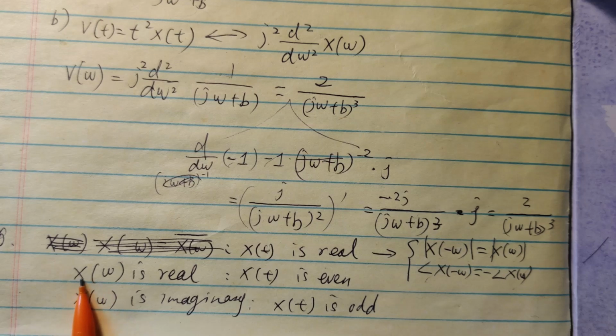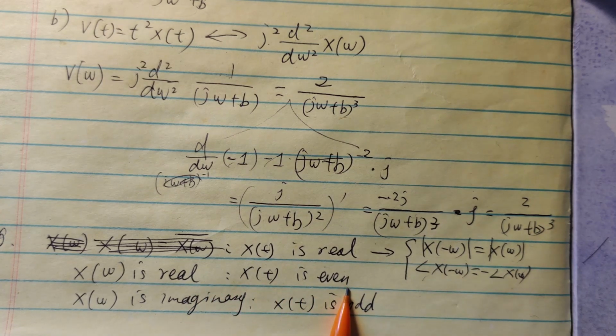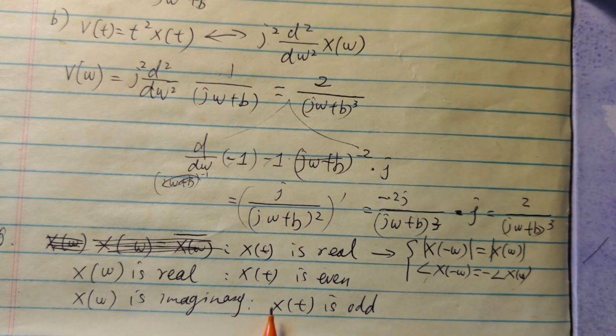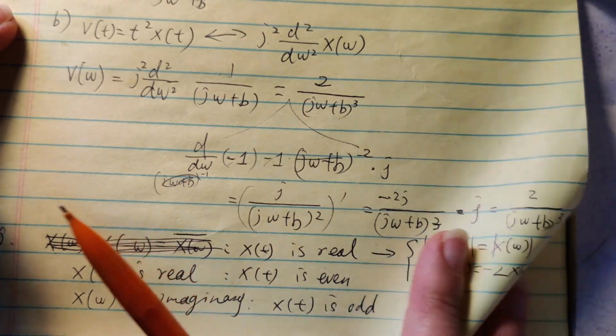We also know if X(ω) is real, if your Fourier transform is a real function, your original signal is even symmetric. Once your Fourier transform is imaginary, your signal in time domain is odd. So let's look at one problem.